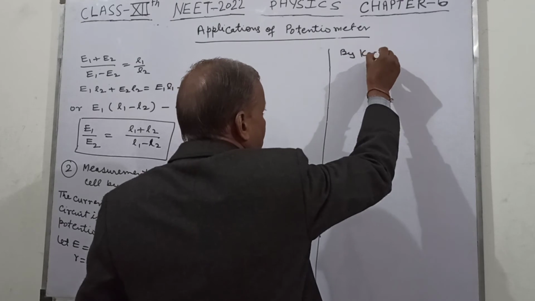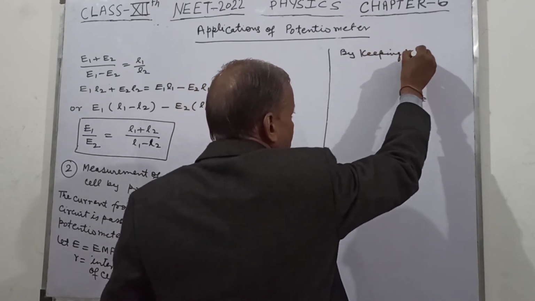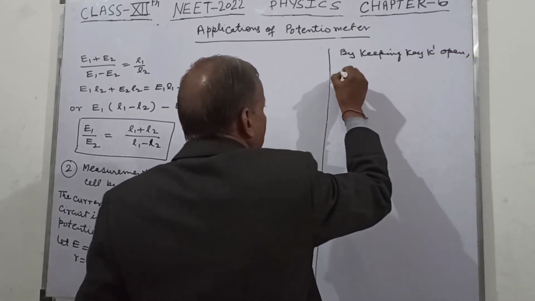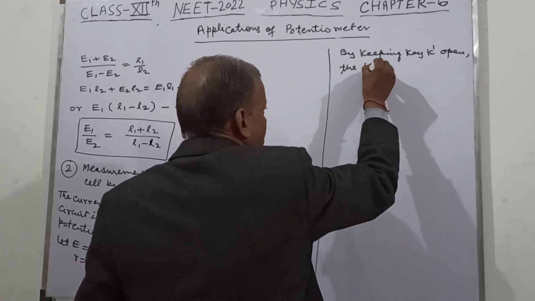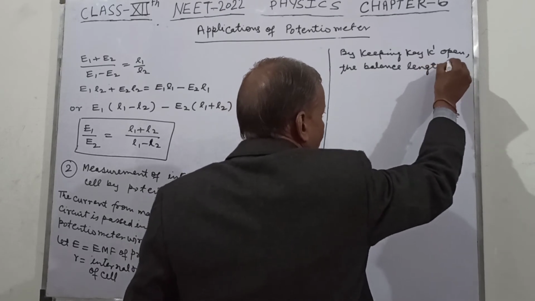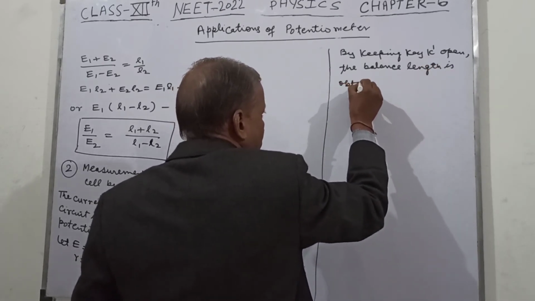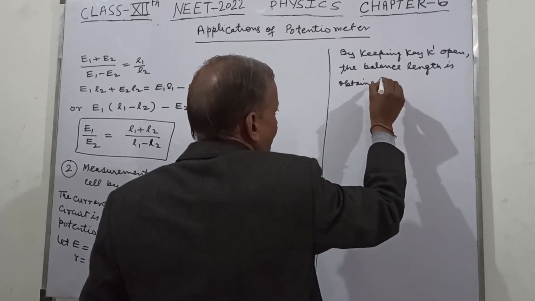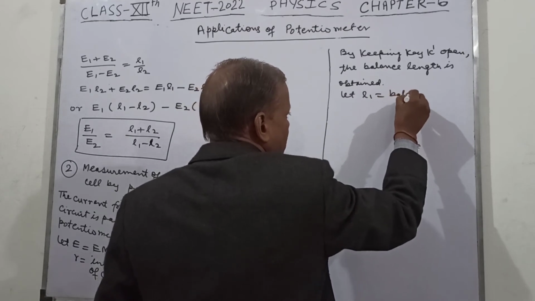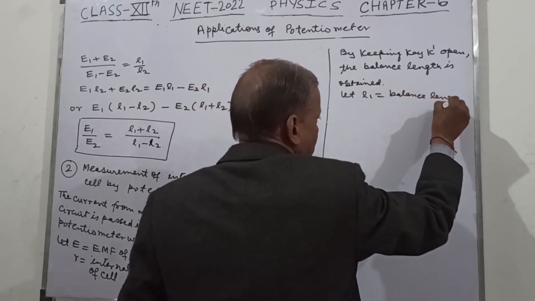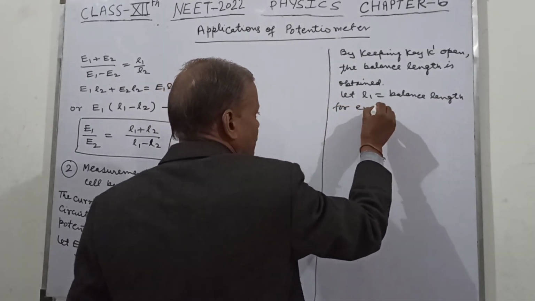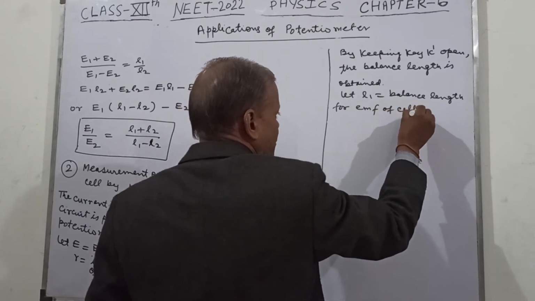By keeping key K dash open, the balance length is obtained. Let L1 equal to balance length for EMF of cell.